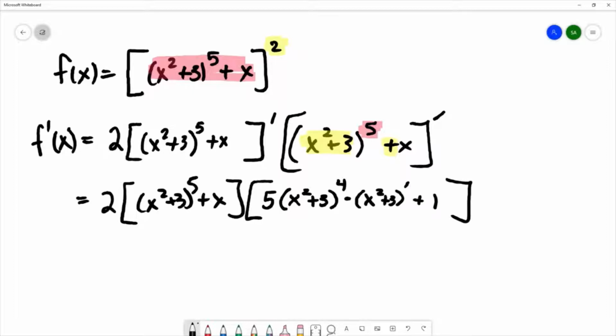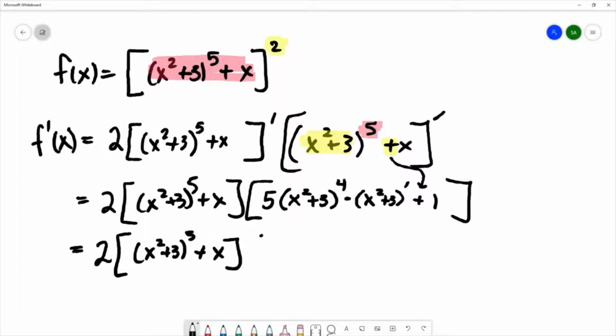I carried that plus down. So this would give me 2 times (x squared plus 3 to the 5th plus x), 5 times (x squared plus 3) to the 4th, and I'm calculating the derivative on this part here.